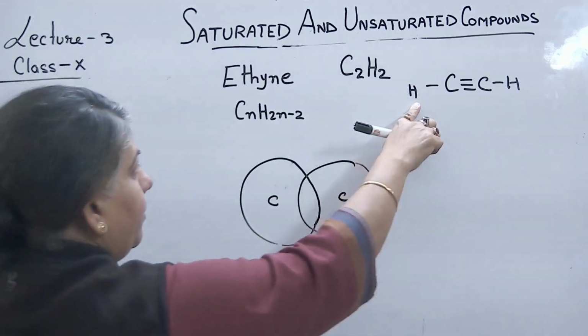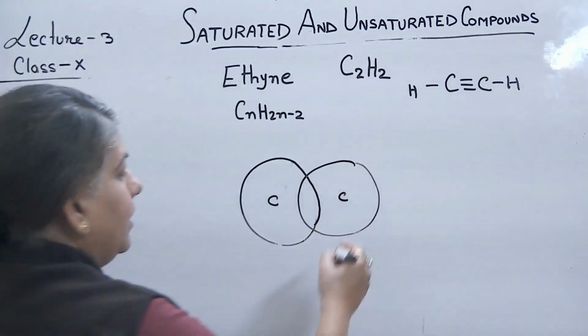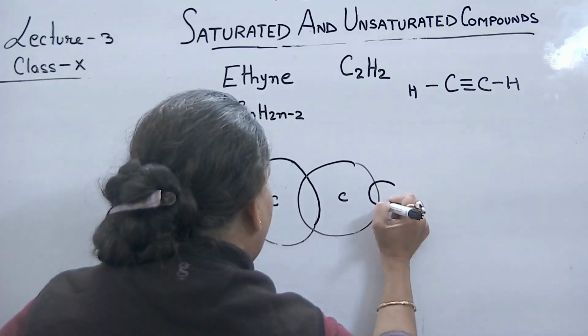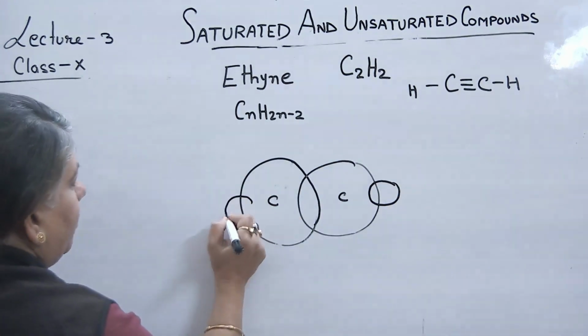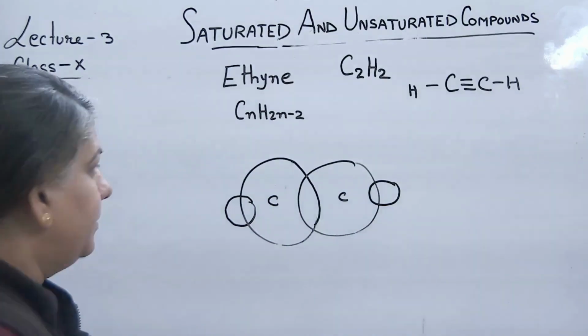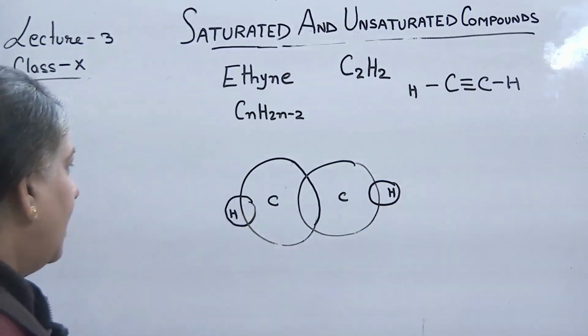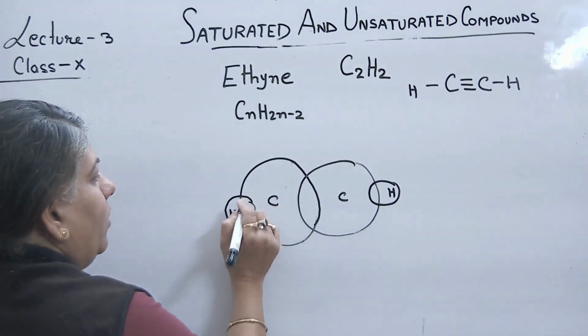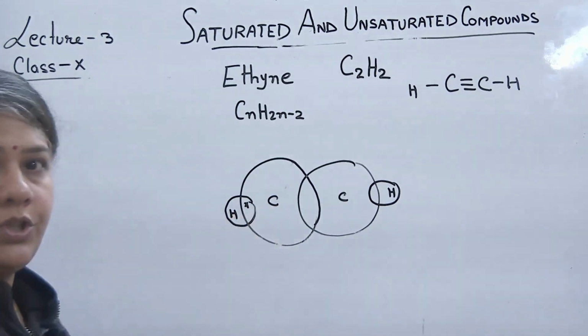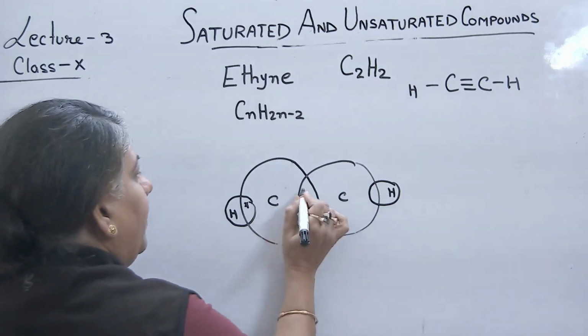And since there is one hydrogen for each carbon, draw one small circle here and one small circle with this carbon, representing hydrogen. Now carbon with its 4 electrons, one will be shared with hydrogen and 3 will be placed in this shared region.